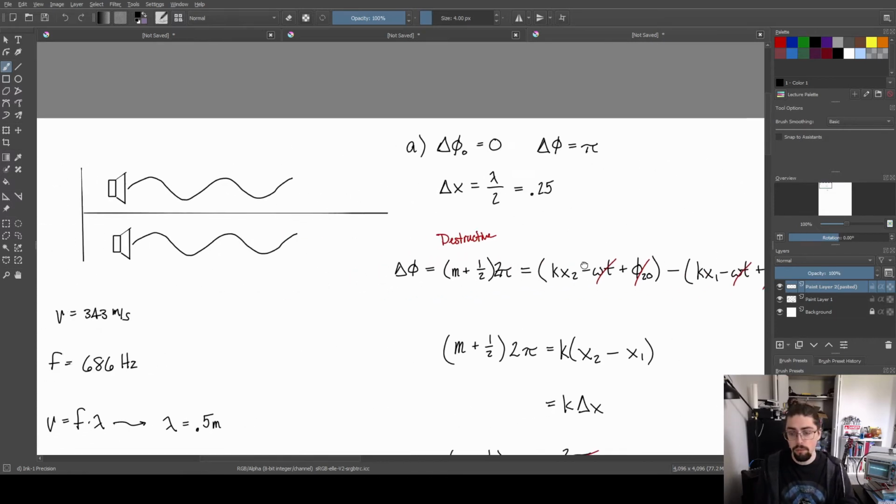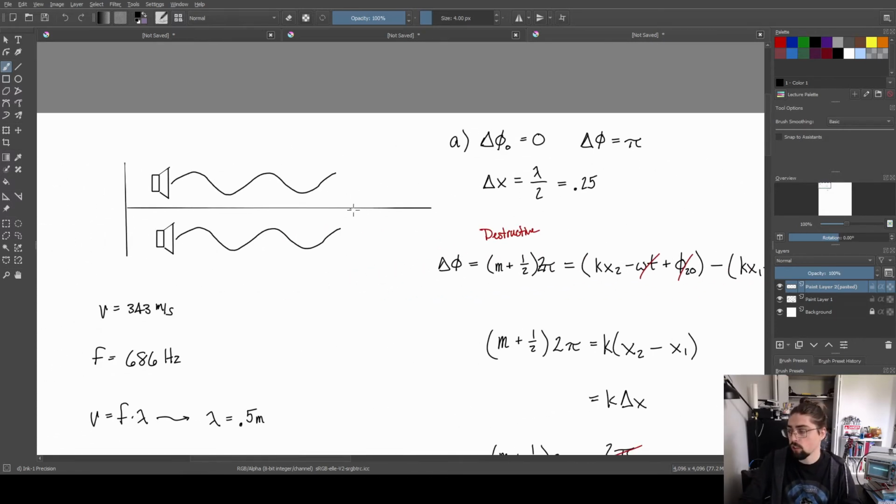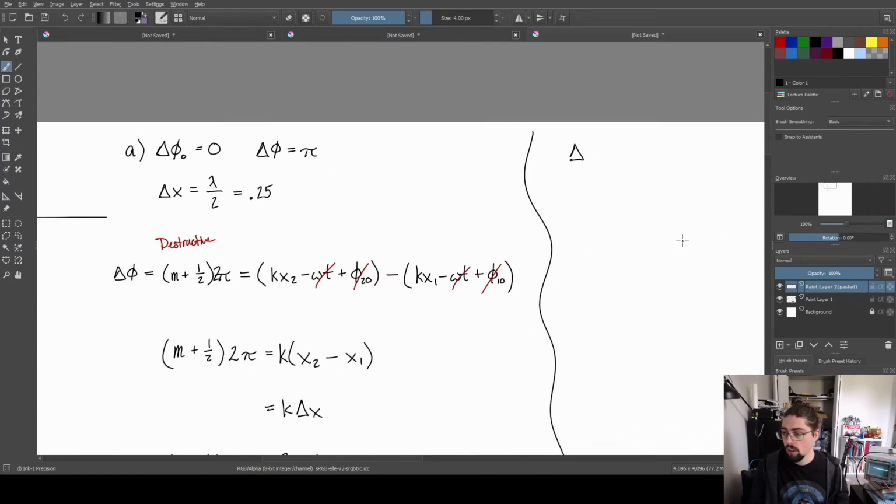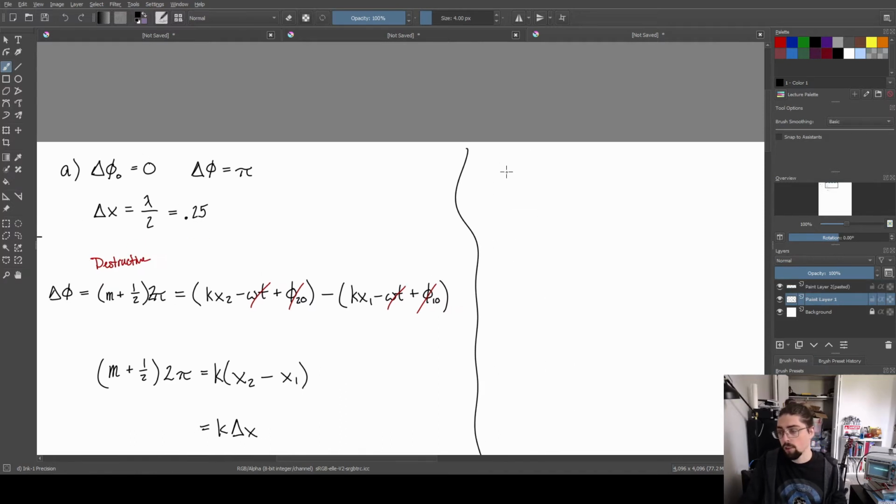Now in this case, what is this actually going to look like on our picture? Actually, I should have drawn this not on this layer. Sorry, I'm trying to keep track of these layers to make it easier for me to drag my pictures around. We know that the phase constant difference is equal to pi.